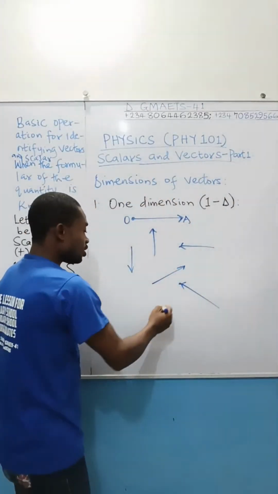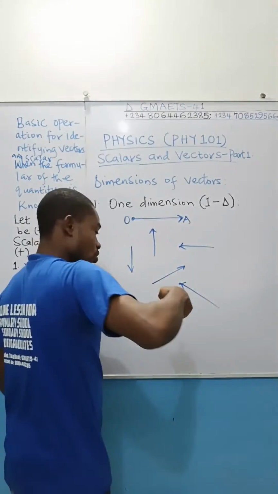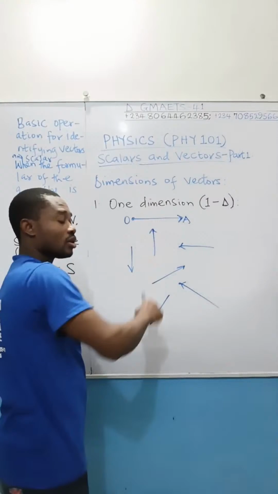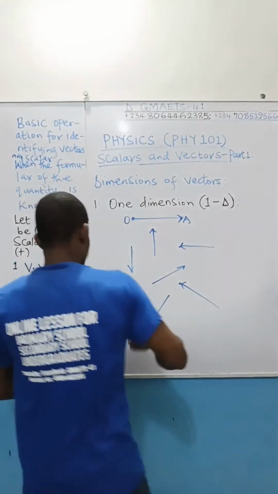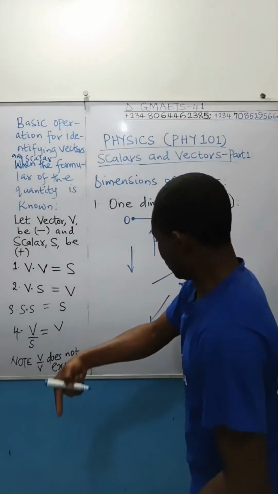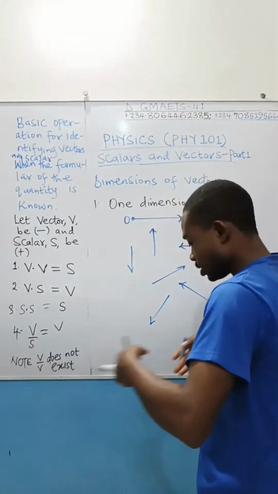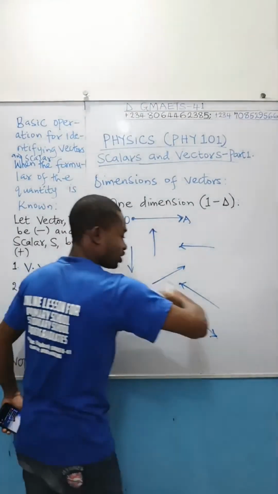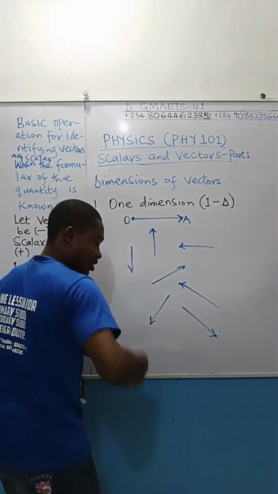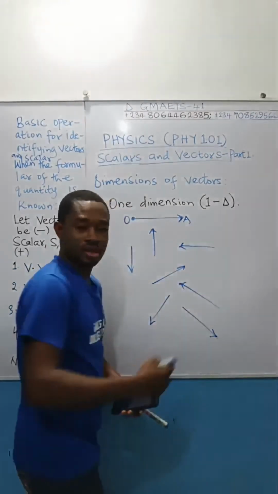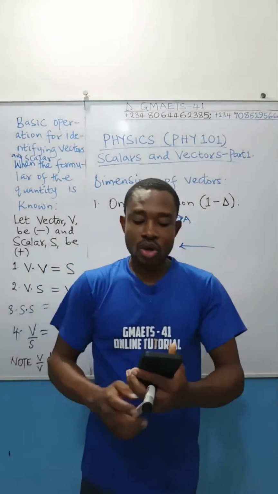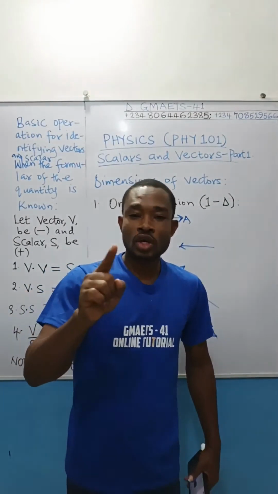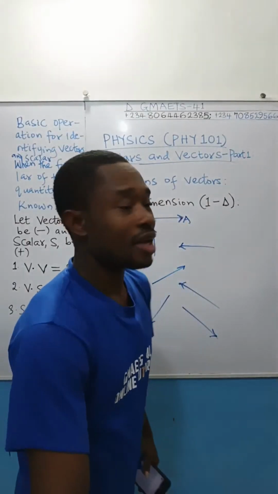Down is south, up is north. This direction is southwest. Or the line could go this way, which is southeast. So all these are vector directions along a straight line. Such a vector is known as a one-dimensional vector.